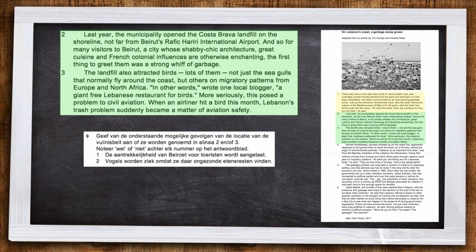The landfill also attracted birds, lots of them, not just the seagulls that normally fly around the coast, but others on migratory patterns from Europe and North Africa. In other words, wrote one local blogger, a giant free Lebanese restaurant for birds. More seriously, this posed a problem to civil aviation. When an airliner hit a bird this month, Lebanon's trash problem suddenly became a matter of aviation safety.